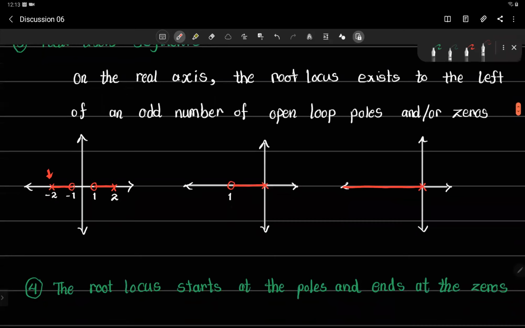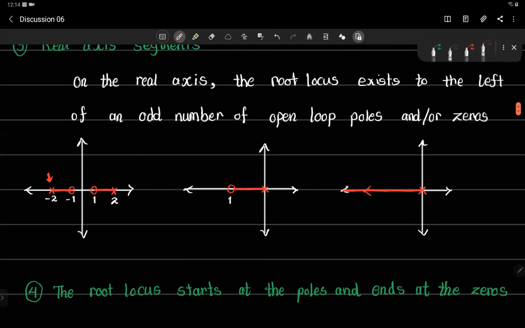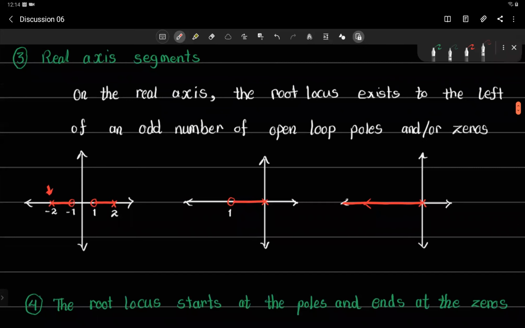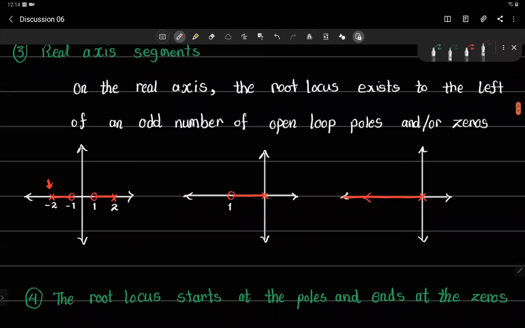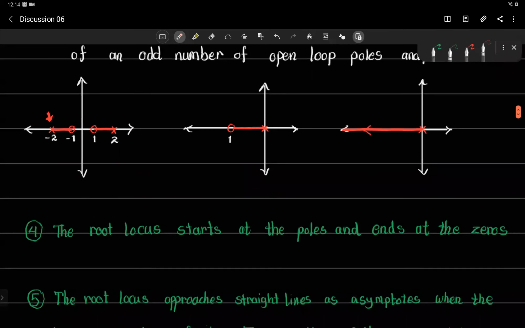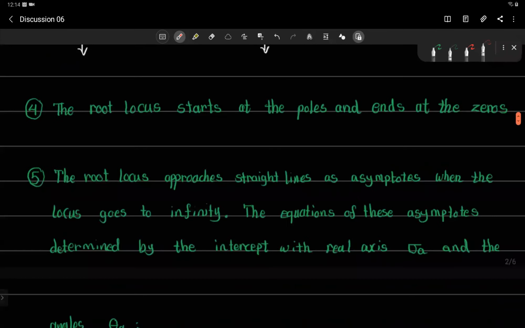And finally, because here we have this pole at 0 and we have no zeros to the left, the root locus will extend from 0 and will go to infinity. So on the real axis, the root locus exists to the left of an odd number of open loop poles and/or zeros. This is the third rule.